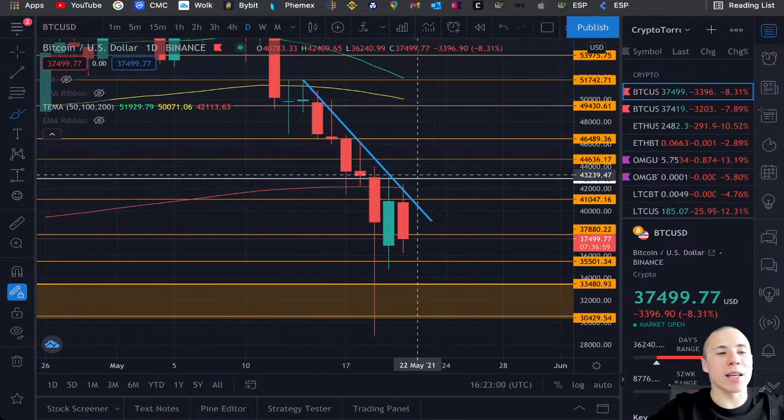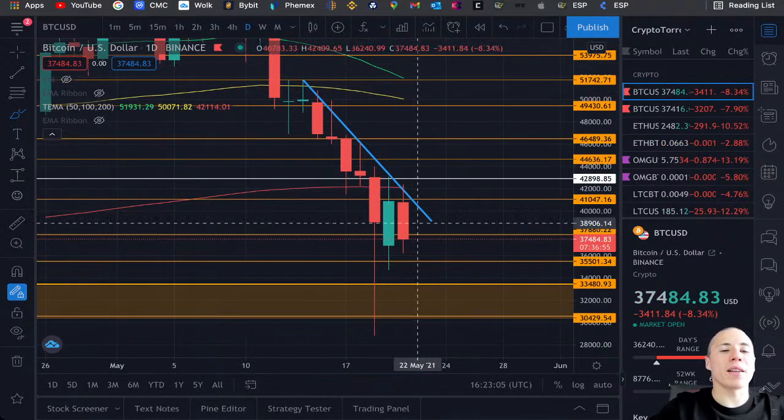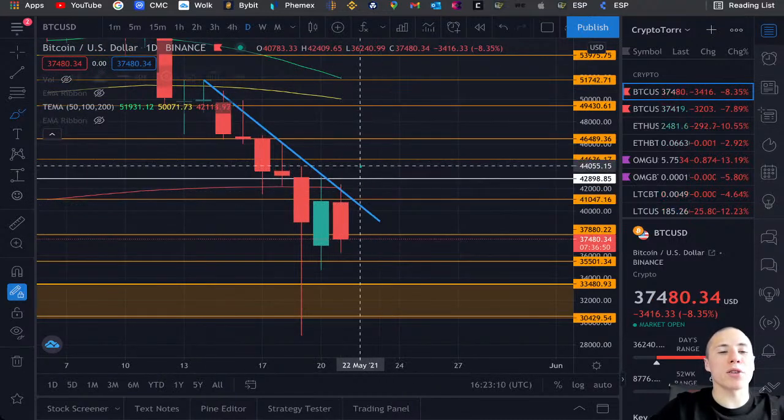So that is just what I'm personally looking at. But of course, we are seeing major resistance, not just by that level, but as well by the 200-day moving average that is acting as resistance right now, especially because we are trading underneath it.